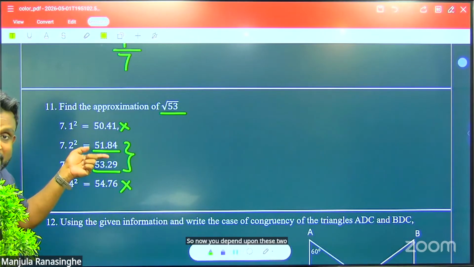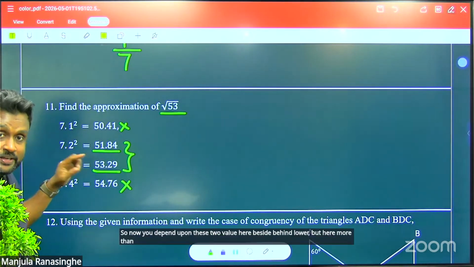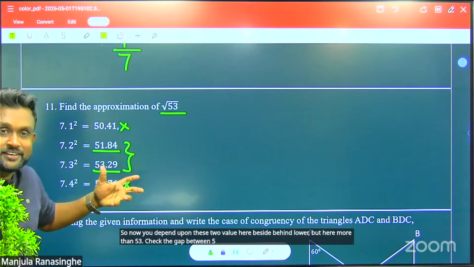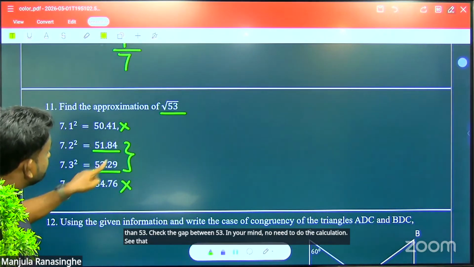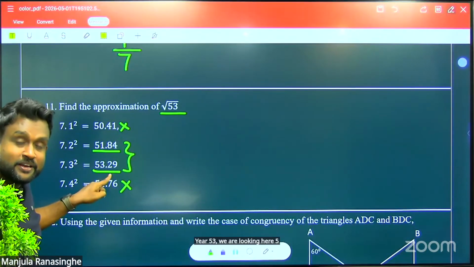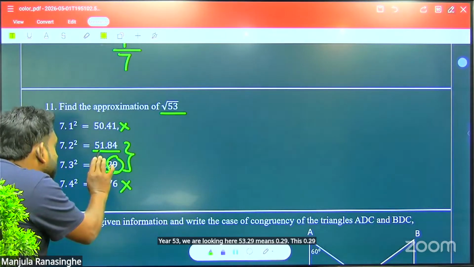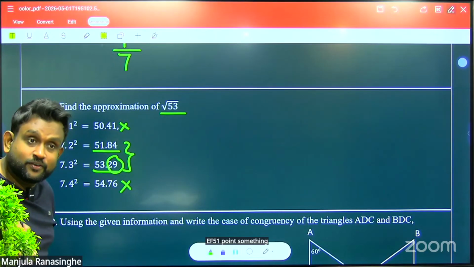Here it is lower, but here more than 53. Then check the gap from 53 in your mind. No need to do the calculation. See, here we are looking for 53. Here 53.29 means 0.29 more. Here 51 point something means it's still lower than 52.